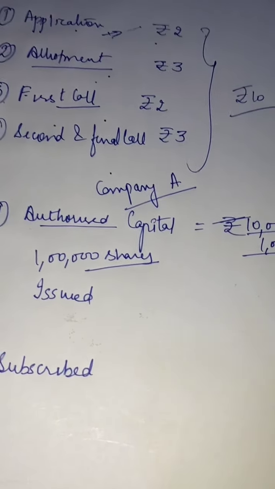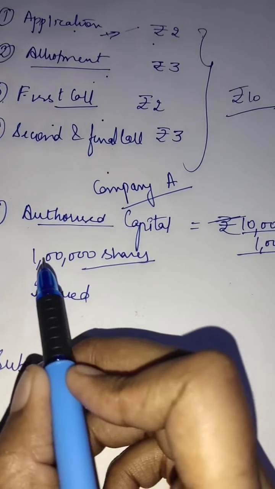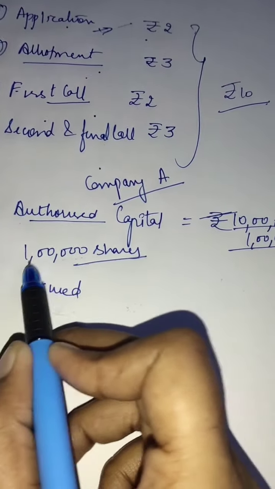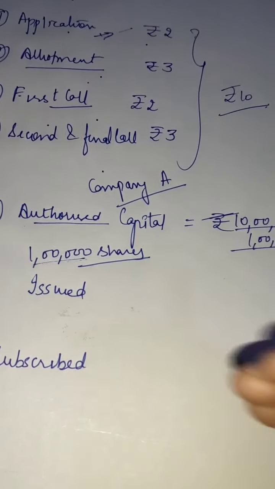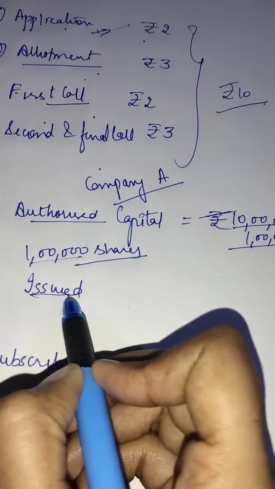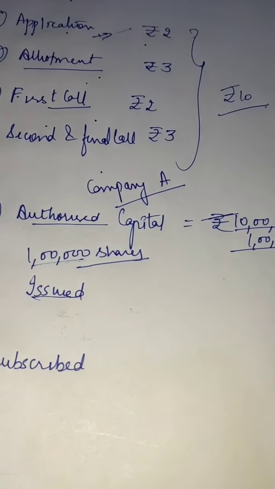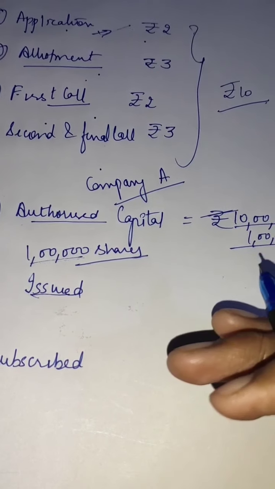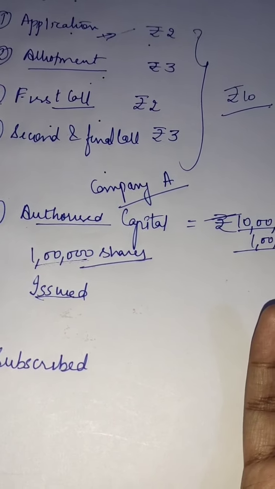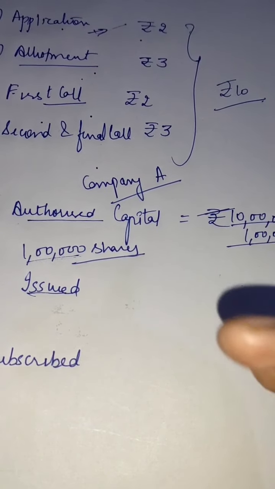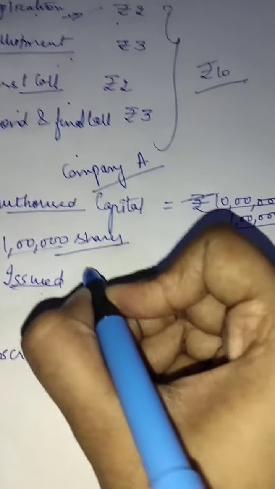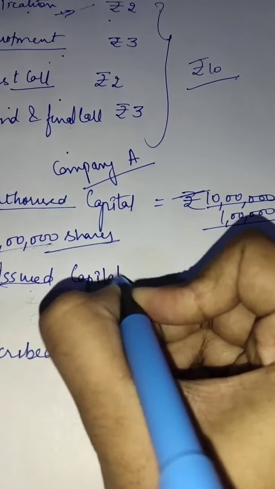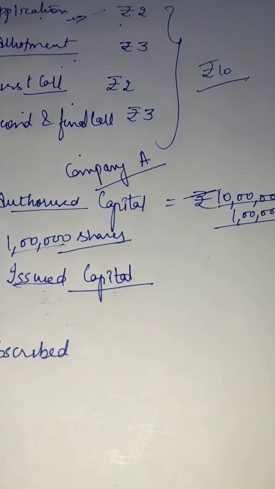And I'm going to tell you a very important point: the company will never issue the whole 1 lakh shares to the public. They can't give the full power to the public. That's why the company has to decide how many shares they will offer to the public. How many shares they are going to offer to the public is categorized as issued capital, issued to the public.